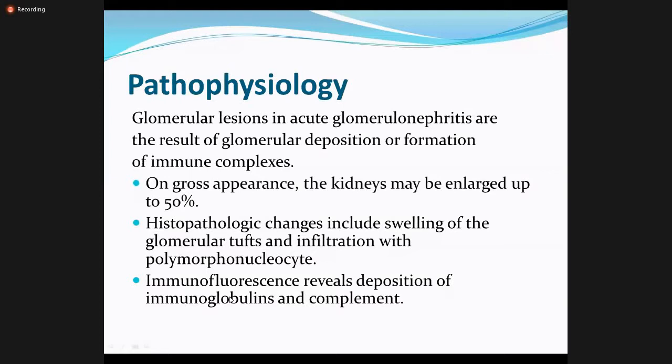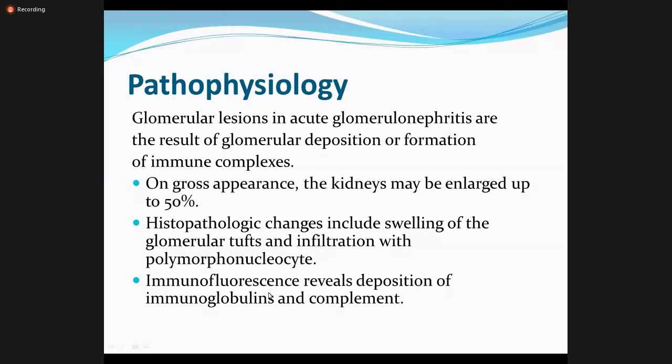When there is decreased glomerular filtration rate, there is decreased output of fluid, called oliguria. Retention of fluid in the body leads to edema. Retention of fluid and sodium causes increased blood volume, which leads to hypertension. That is the combination of symptoms in acute glomerulonephritis.